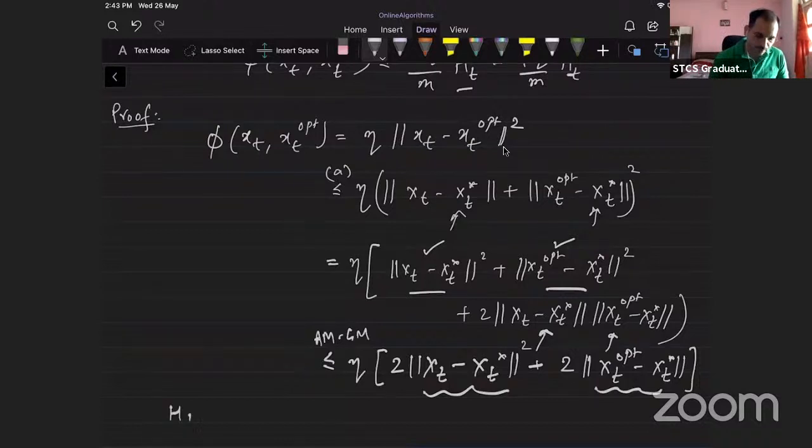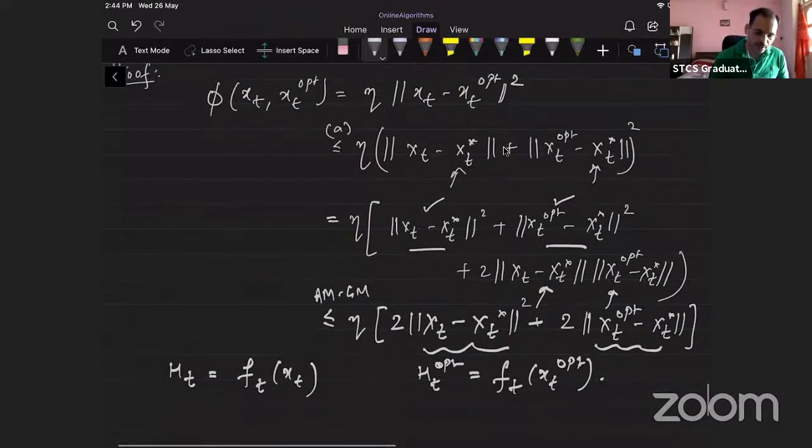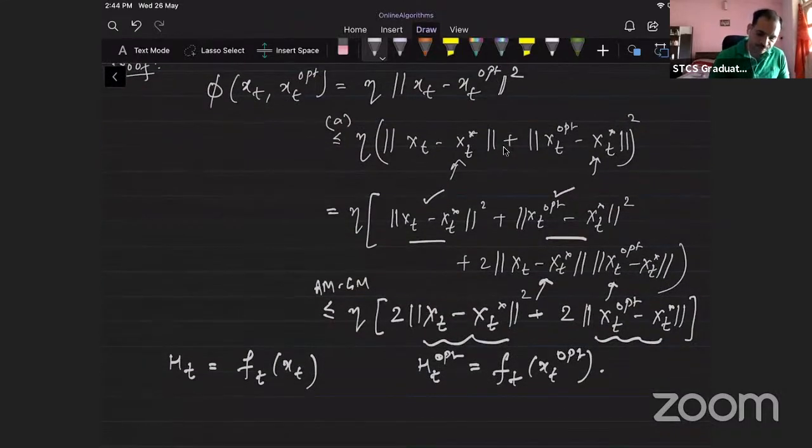So what is HT first of all? HT is nothing but FT of XT. Similarly, HTOPT is FT of XTOPT because we are taking XT star equal to 0, right? So now what does strong convexity tell us to connect these two things?